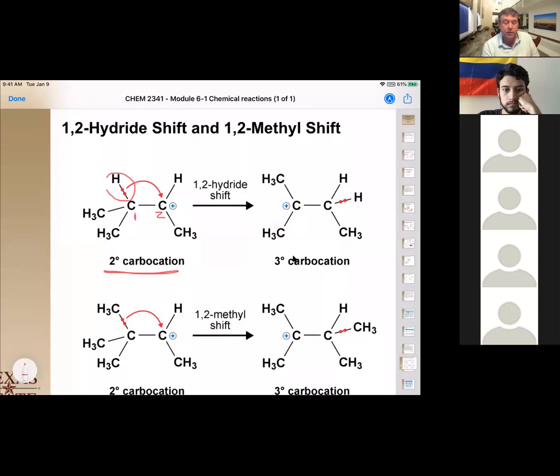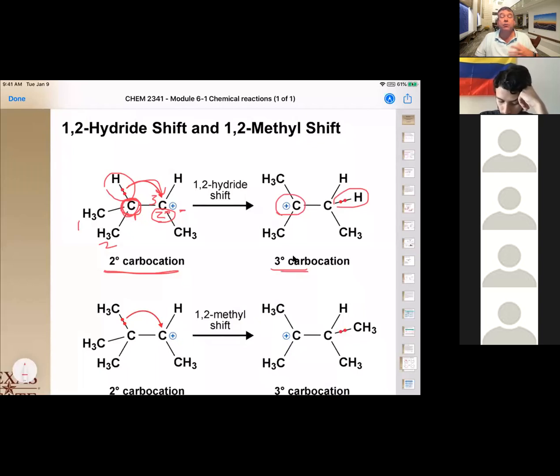So if we move that hydrogen over, we'll have 1, 2, 3 carbons attached to this carbon. That would turn that carbon into a tertiary carbocation. So the idea is we take both electrons, move them over to this positive charge, creating our new sigma bond, and now we've generated our new tertiary carbocation.